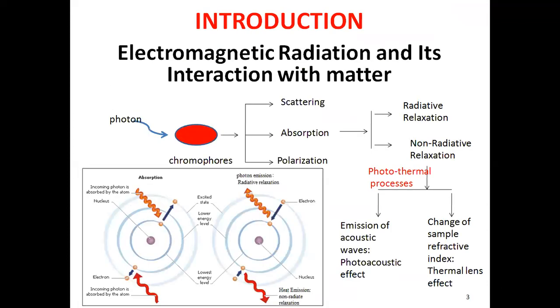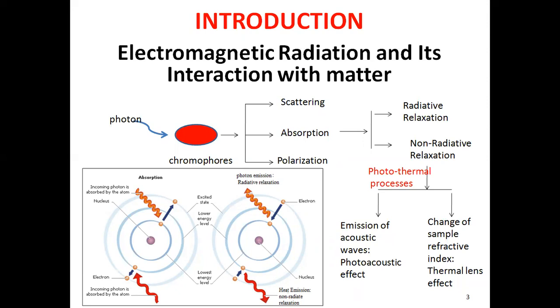So a molecule can interact with the light in a number of processes, including scattering, absorption, and polarization. When absorption takes place, a molecule is excited and goes to excited state, and after some time it relaxes and goes to ground state.